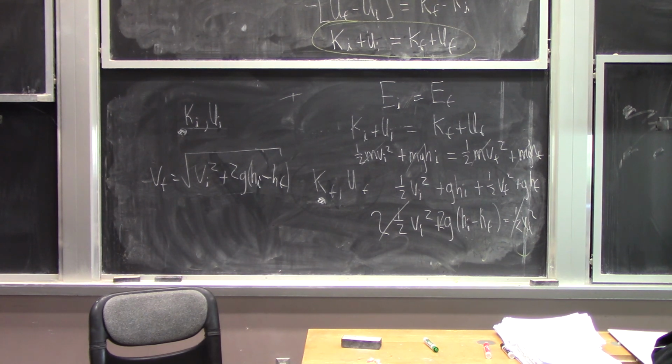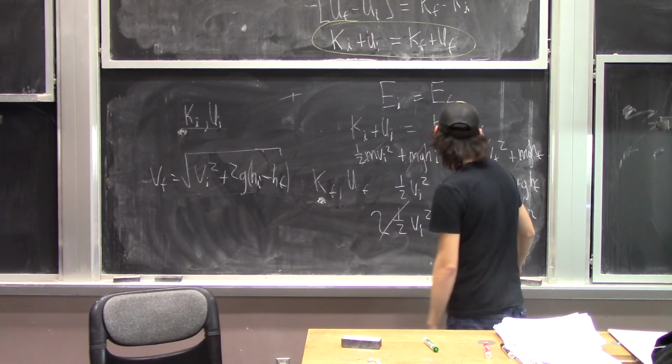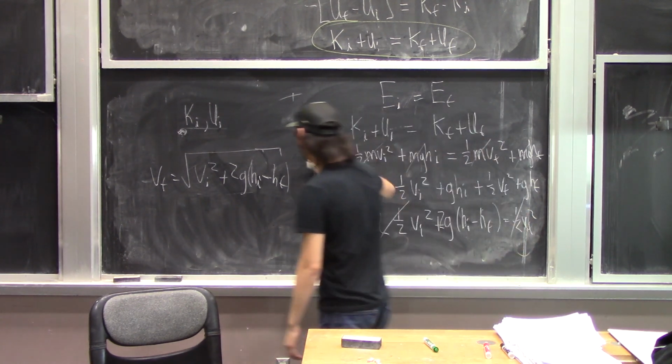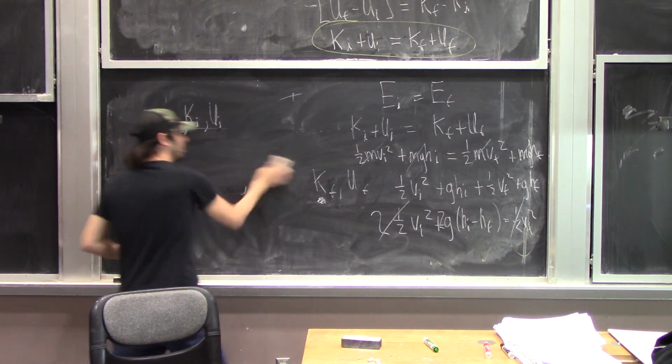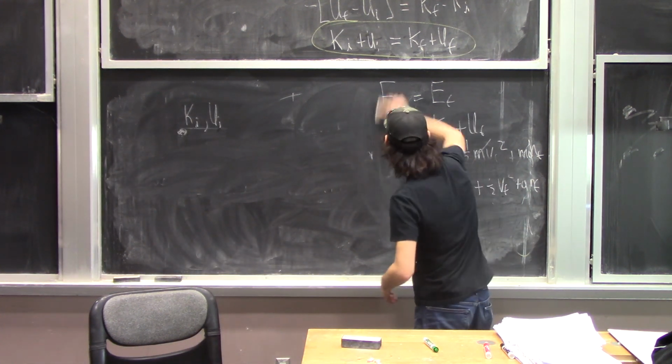Okay, so we got one more we're going to do, and this one is a little bit different because it involves a spring. So this one, the difference here is the potential energy that we have. So far we've talked about gravitational potential energy, but that's not the only type of potential energy you have.